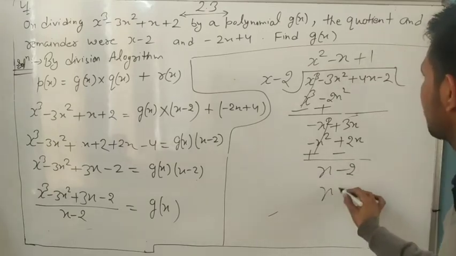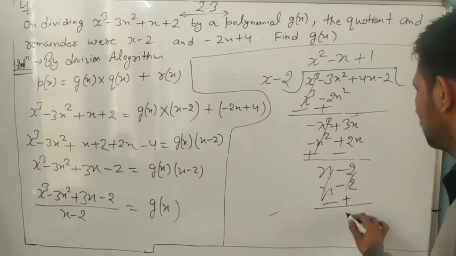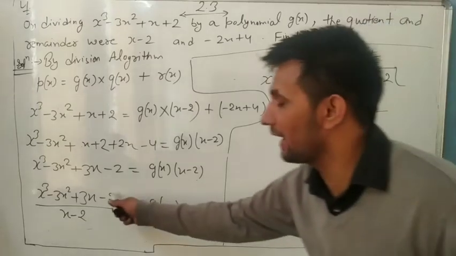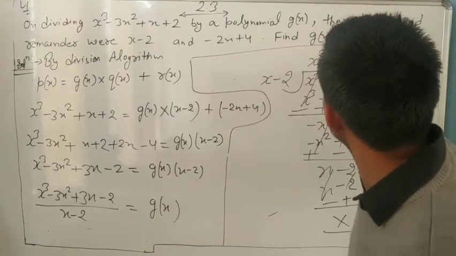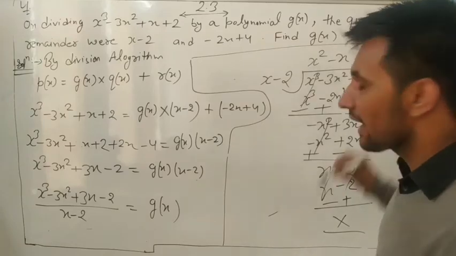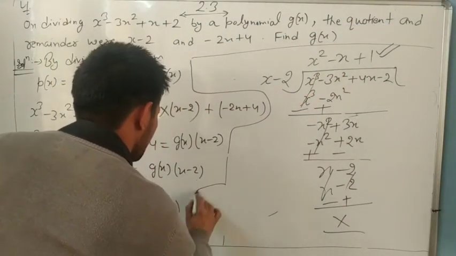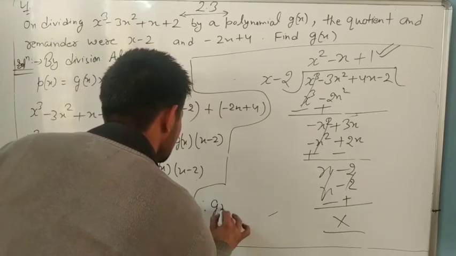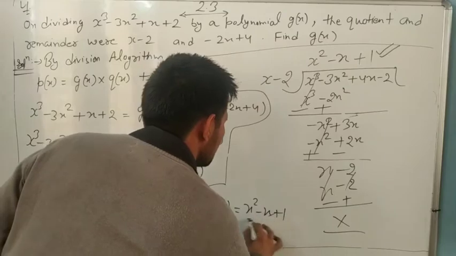1. X minus 2 minus plus, 0. So it means when we divide by this number, what do we get? g(x). So what is g(x)? Therefore g(x) equals x square minus x plus 1.